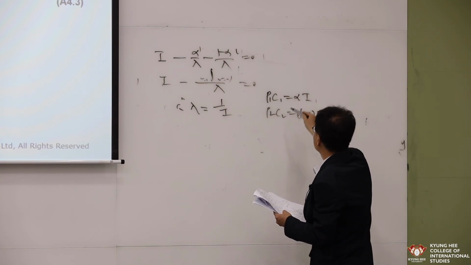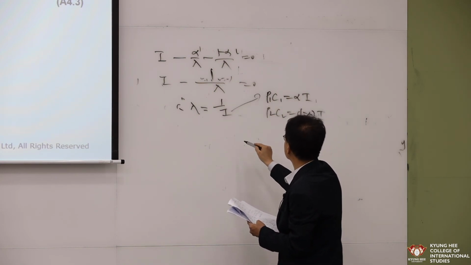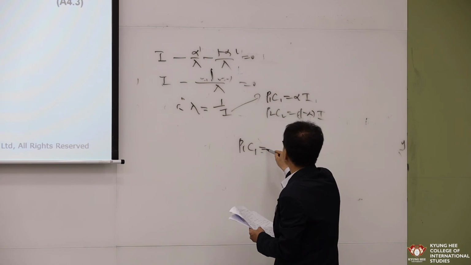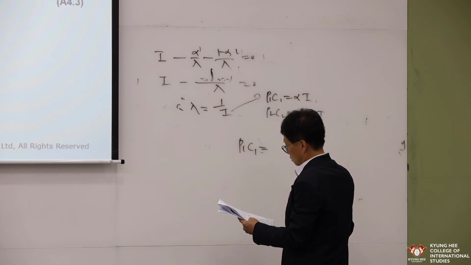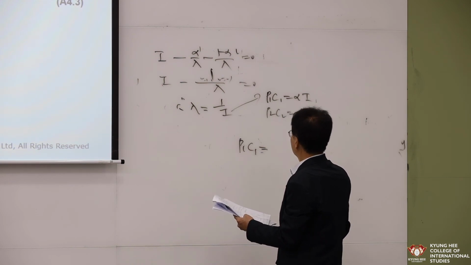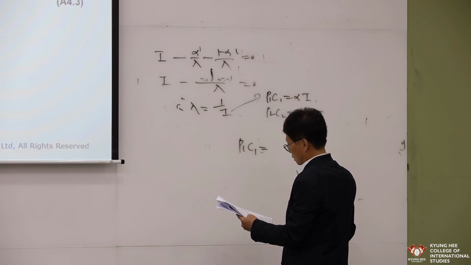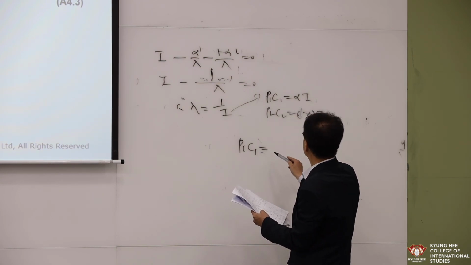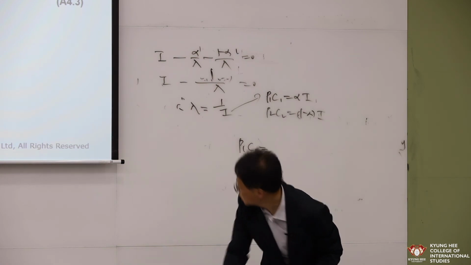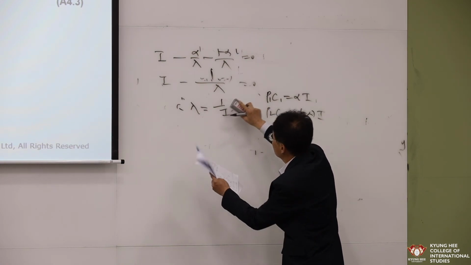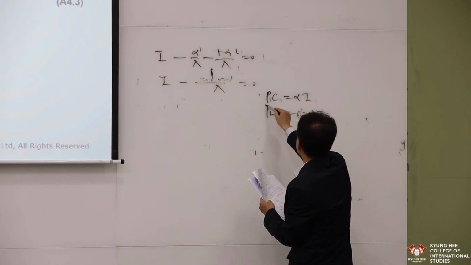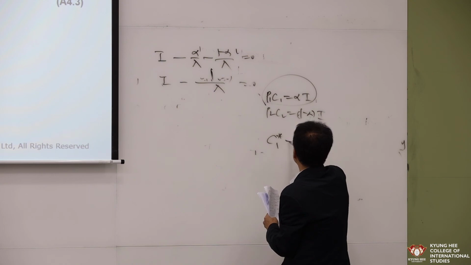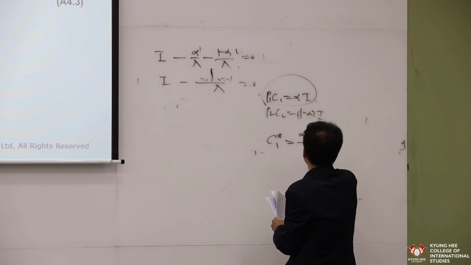So inserting this here, then what happens? Anyway, this one is not so important to solve this. From here, C1 star is equal to alpha I over P1.